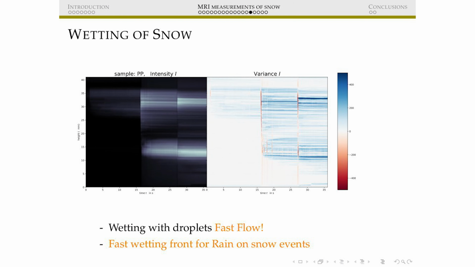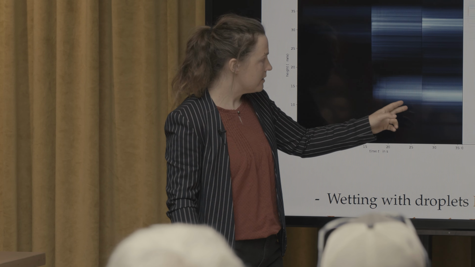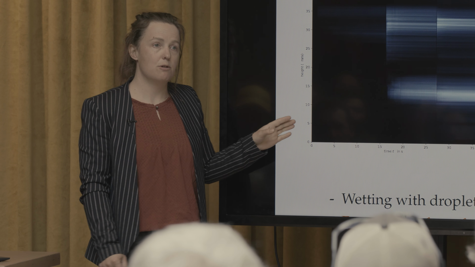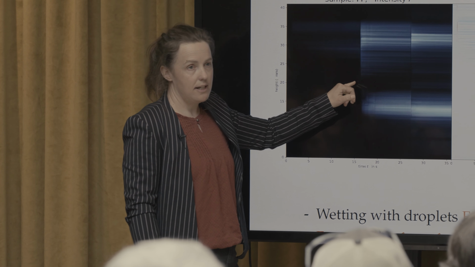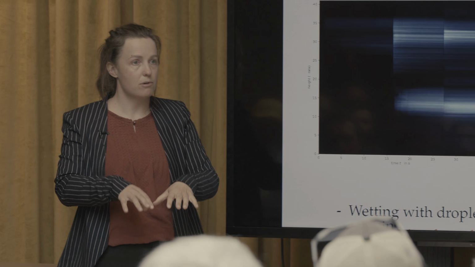This is an experiment where I just put a snow sample in the magnet, and I put the drip flow on it, right? So we see the drips coming in at different locations. But what is very different from this image than the one that I showed before is that the wetting front comes in instantly instead of gradually diverging through the porous media.